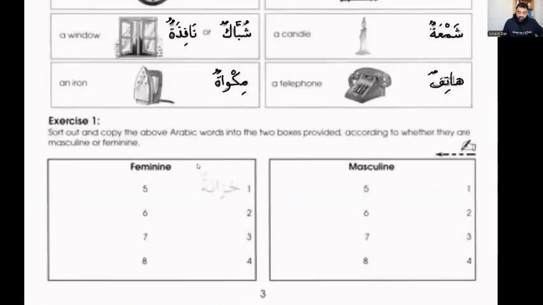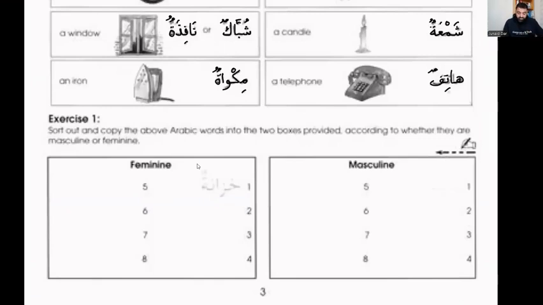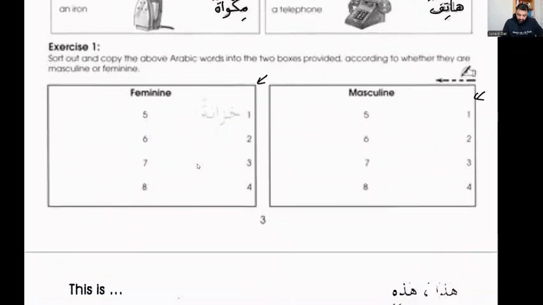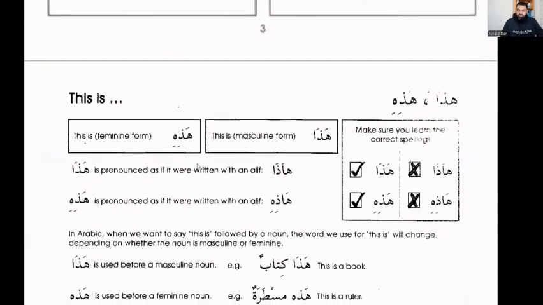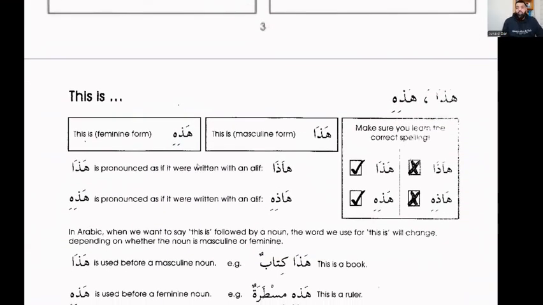Here, the Sheikh just wants you to list all the masculine ones and rewrite all the feminine ones. If you want to do that, you can. Now, what's one of the purposes of understanding that a word is masculine or feminine?